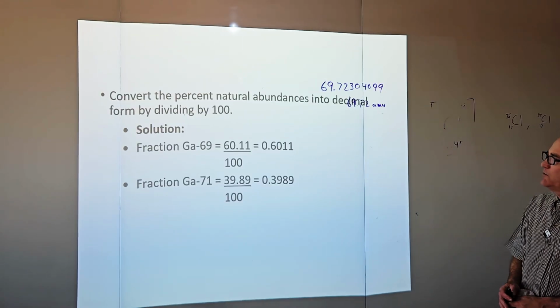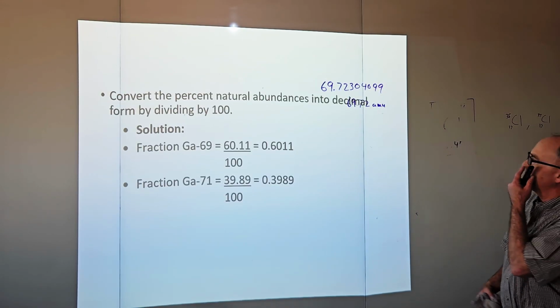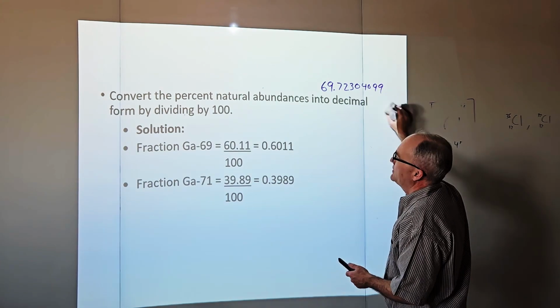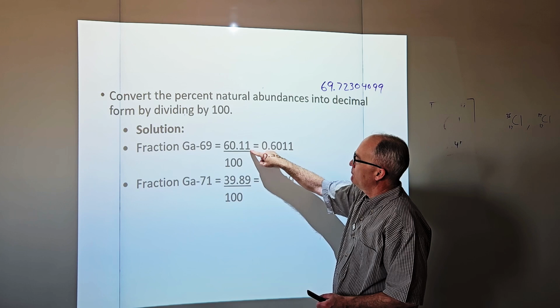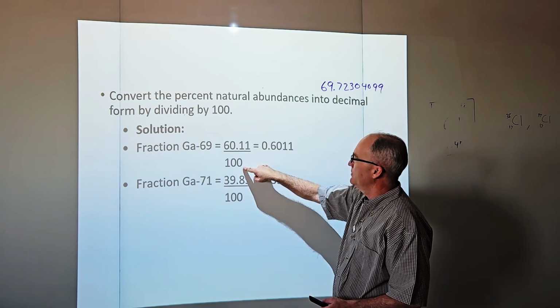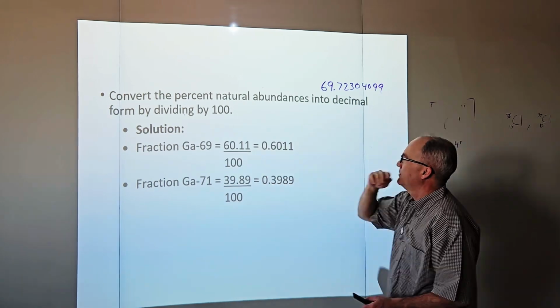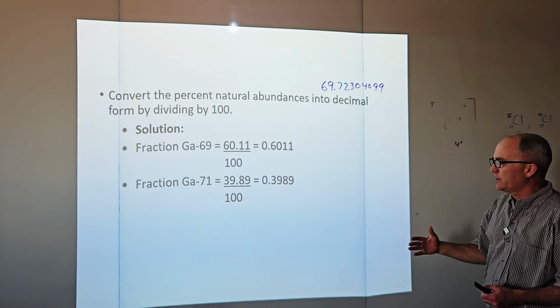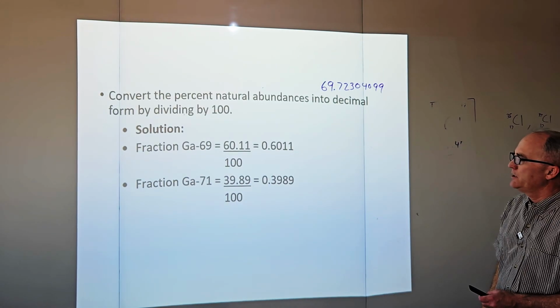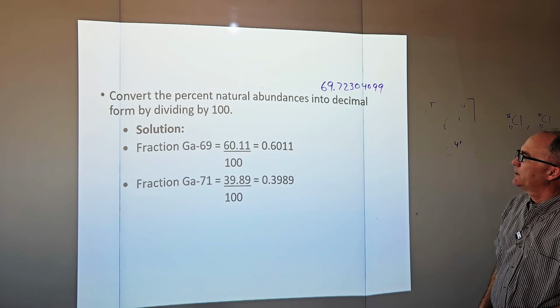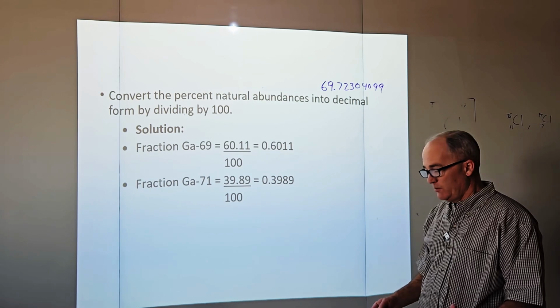You want to convert the percent natural abundance into a decimal by dividing by 100. 60.11% means per 100, so divide that. There's our decimal fraction. Do the same thing with our 39.89% divided by 100. And then what?